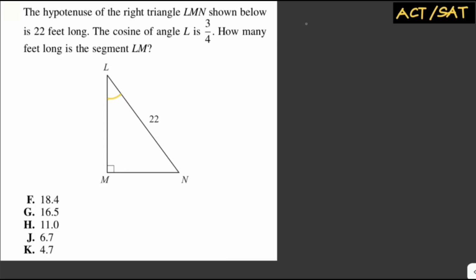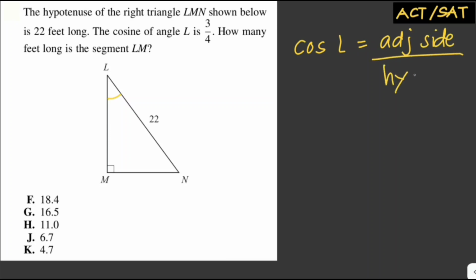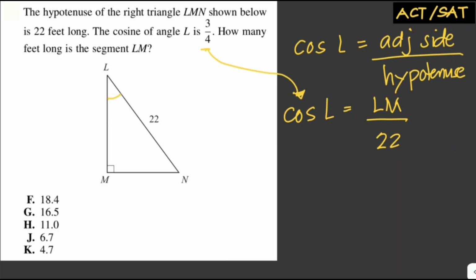So that is cosine of L is just equal to the adjacent side over the hypotenuse. So cosine L, adjacent side of angle L, is just LM, segment LM, over the hypotenuse, which is equal to 22. But it's given here that the cosine of angle L is just equal to 3/4. So we can just plug in the value of cosine L here.